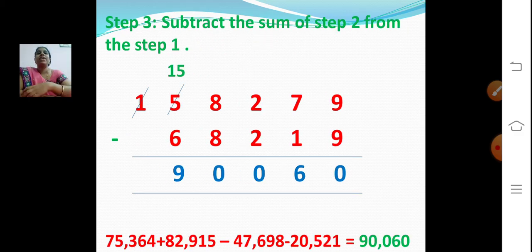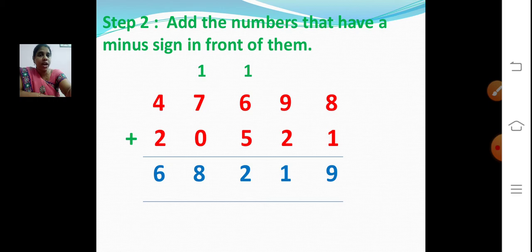Now third step: subtract the sum of step 2 from step 1. What are we going to subtract? The sum of step 2 from step 1. Which is step 1?